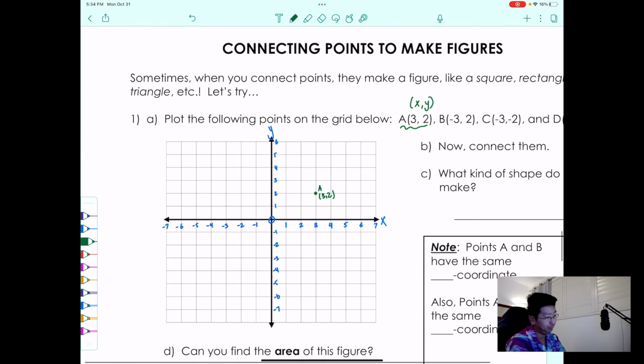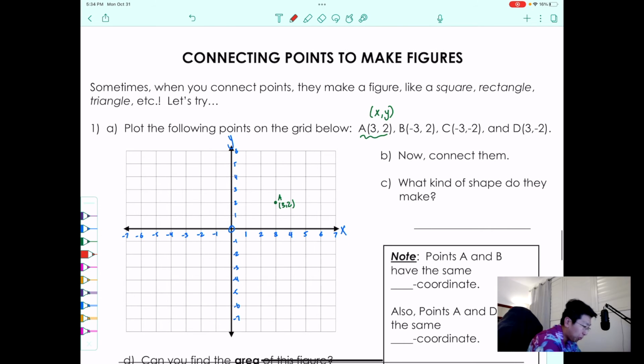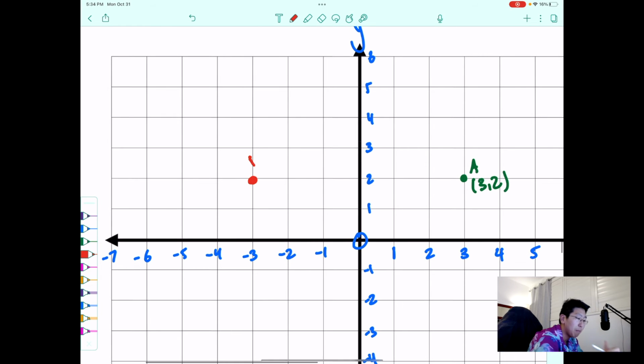Muy bien. Okay, the next point is at -3, 2. So I'm going to find -3 on the x-axis and 2 on the y-axis. This is point B. 3, -2. Oops, sorry. Totally messed that up. It's -3, +2.